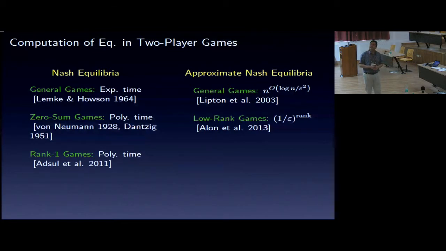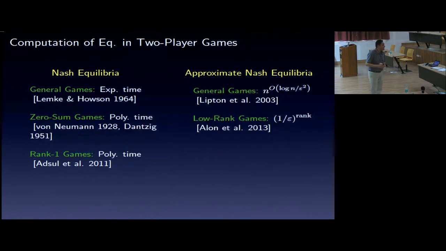Again, there are specific classes of games wherein you can find an epsilon Nash efficiently. This is a very nice work by Kannan and others that shows that if the rank of the game is small, where rank means the rank of the sum of the two payoff matrices is small, then you can find an epsilon Nash very efficiently. This result goes by a nice covering argument over subspaces and epsilon net type results.